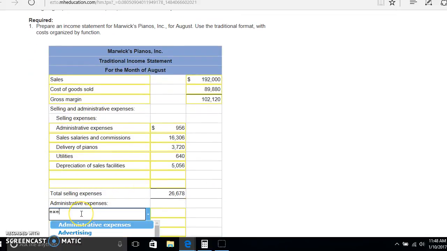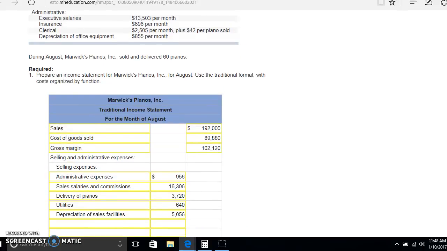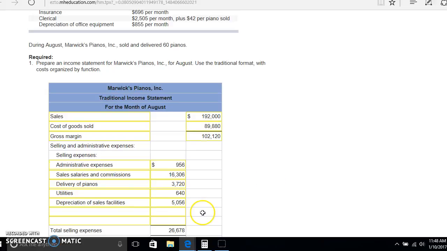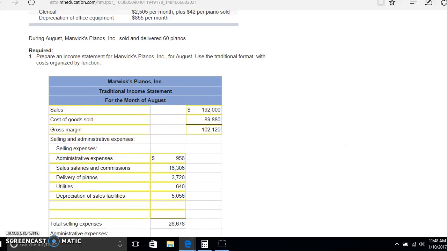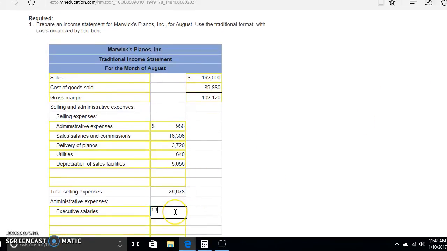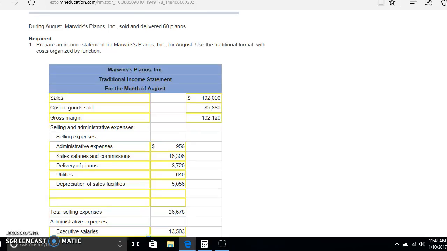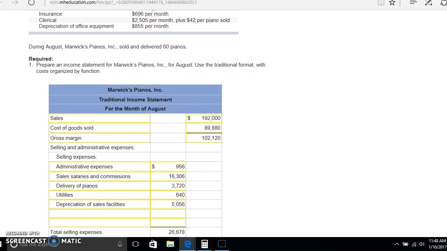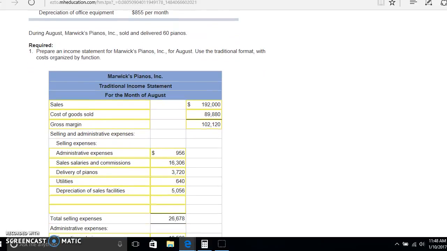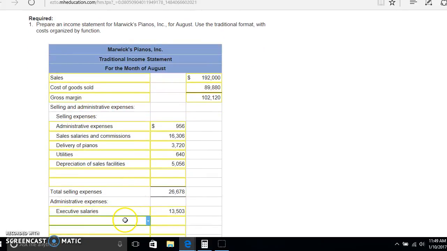So we have executive salaries, and that one was $13,503 a month. The next administrative expense was insurance, and that's $696 a month.